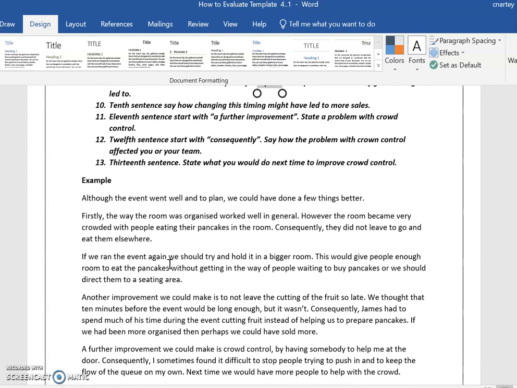You might want to talk about free samples, okay, to get more people in. You might want to say about promoting your product earlier. Okay, so they are kind of factual things, okay, about how you could improve a product. And every business has the same kind of mindset as well.